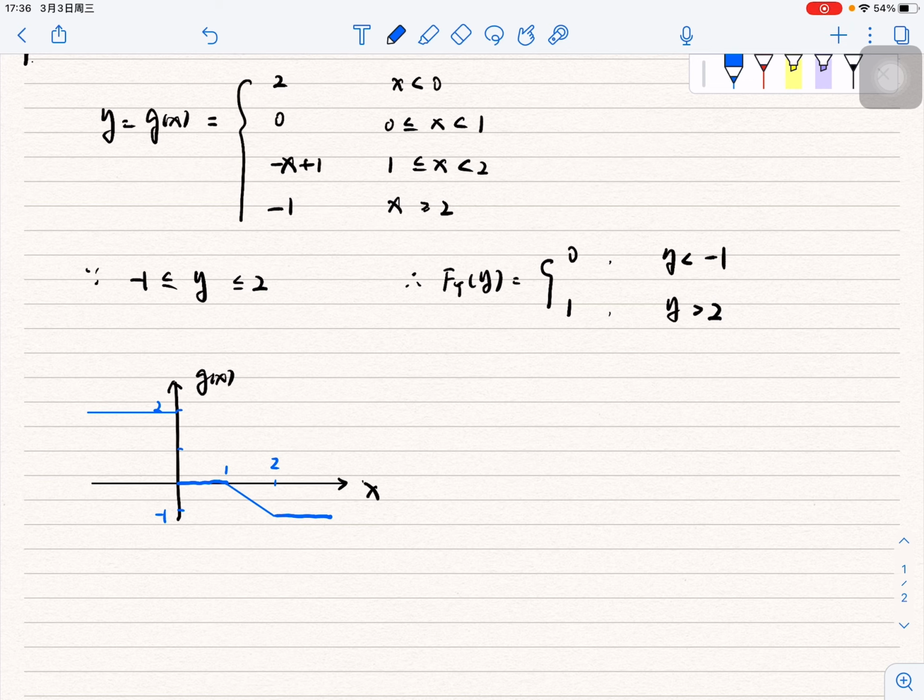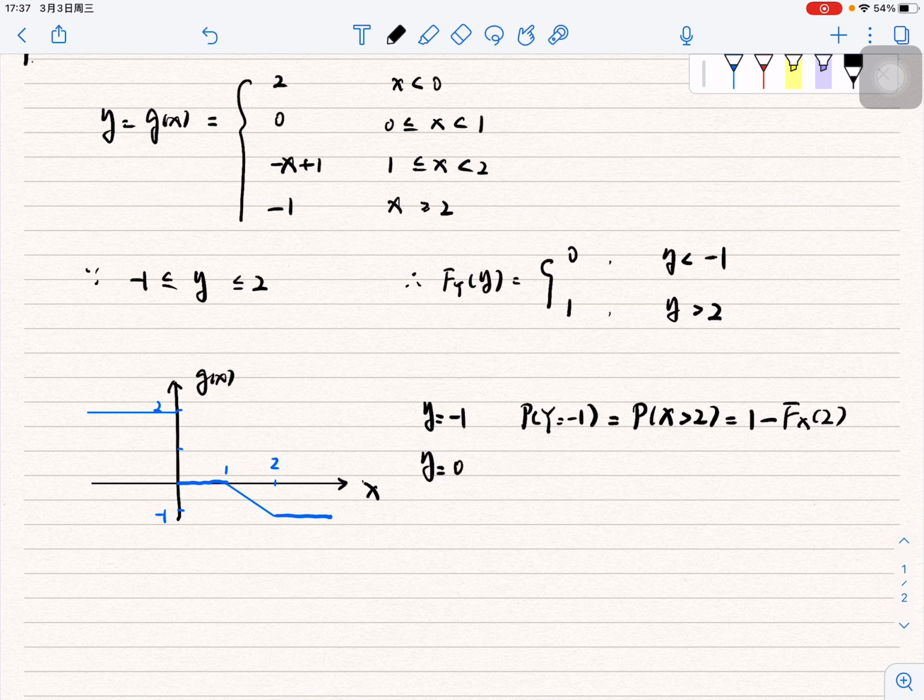We know when y equals minus 1, the probability y equals minus 1 equals the probability x is larger than 2, which equals 1 minus Fx(2).